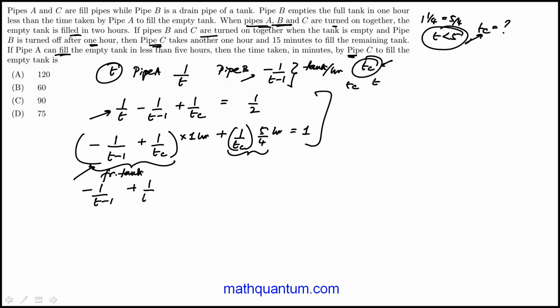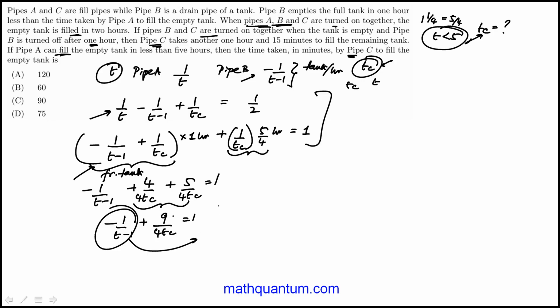So this is plus 1 over t c plus 5/4 t c equal to 1. So I'll merge these two. This is really 4 over 4 t c, so 9 over 4 t c. And I will isolate that piece. Actually, no, I need 1 over t c. I'm sorry, I need to move this over.